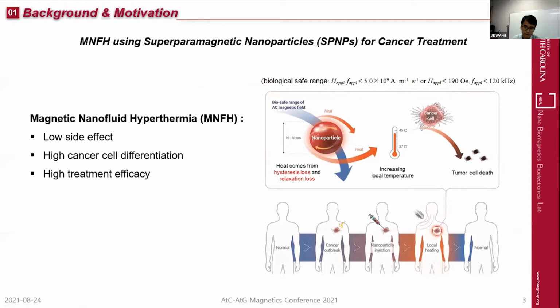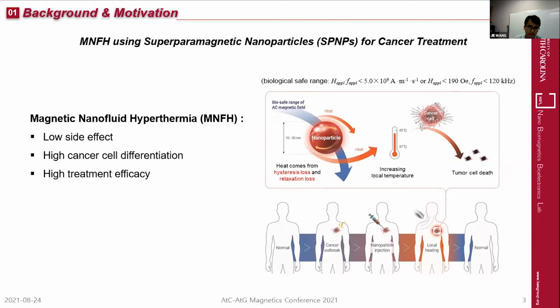After injecting magnetic nanofluid into cancer or target tissues, the target tissue is heated by external AC magnetic fields. This heat comes from relaxation loss and hysteresis loss. If the heating temperature can reach 42 to 46 degrees Celsius, it can be used to kill cancer cells while minimally damaging healthy tissues.